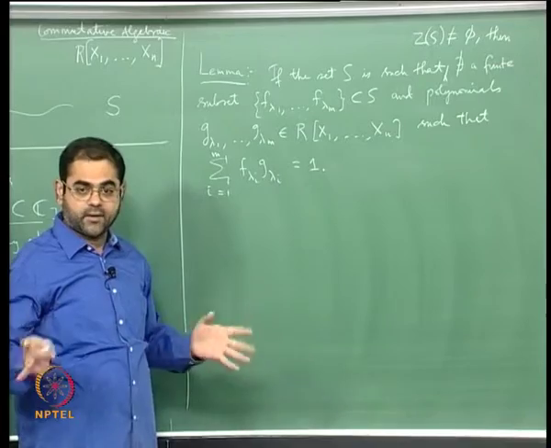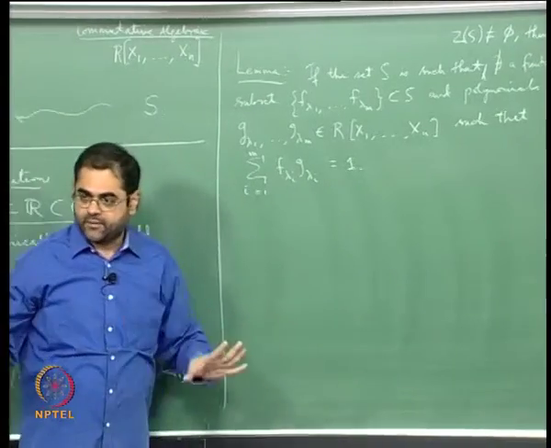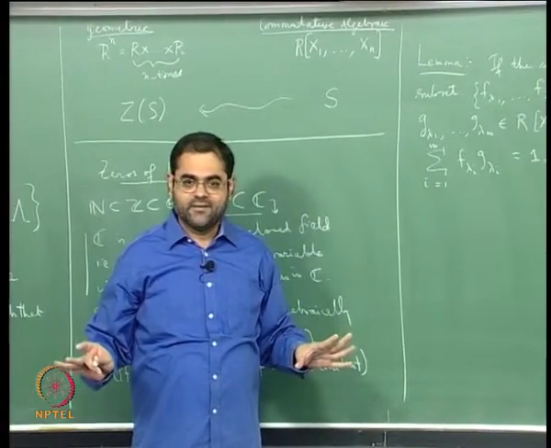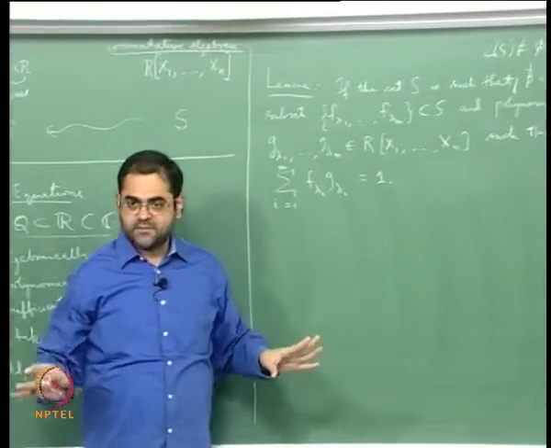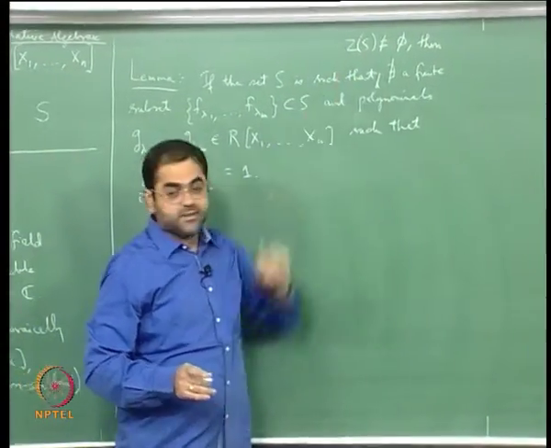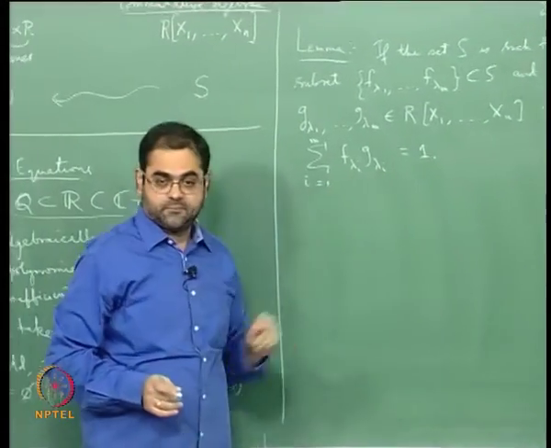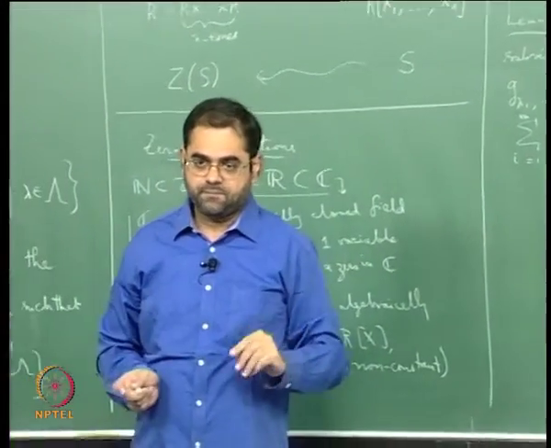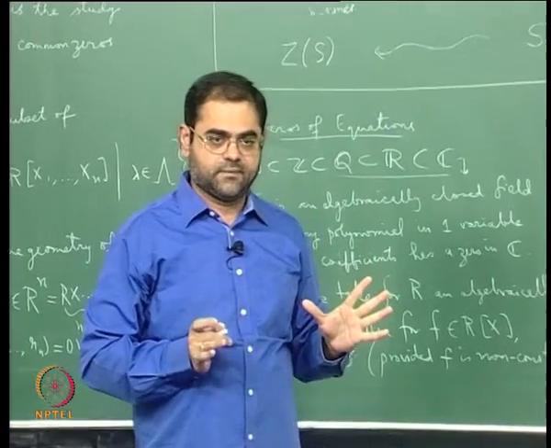It has only one element, and certainly we are not interested in working with a 0 ring. So if the ring is not the 0 ring, then if the 0 set is non-empty, this can never happen. It's a very simple thing.